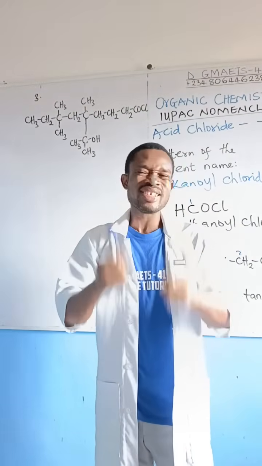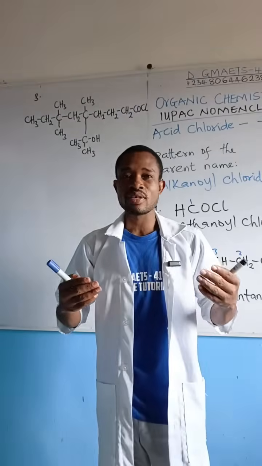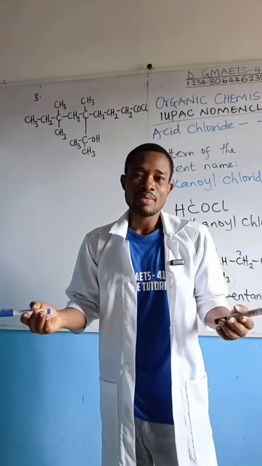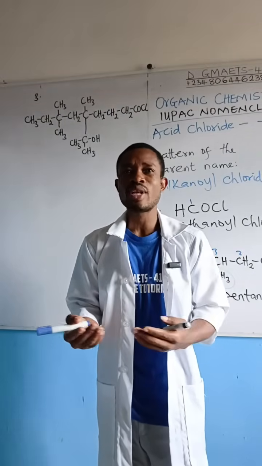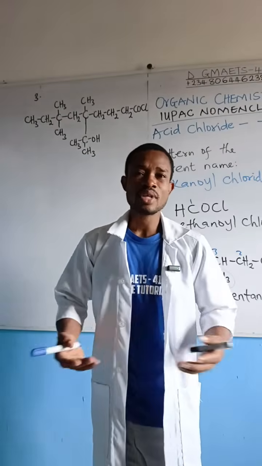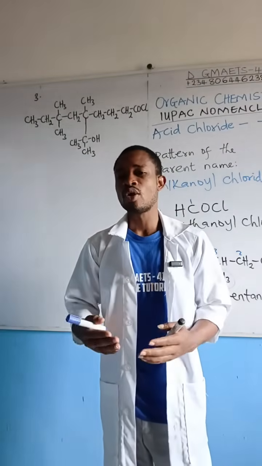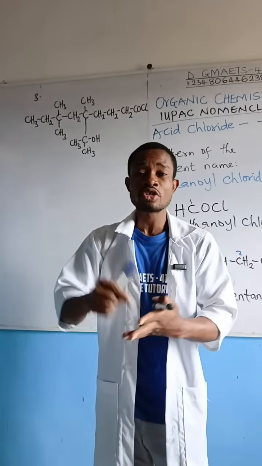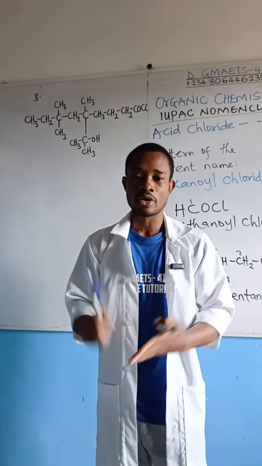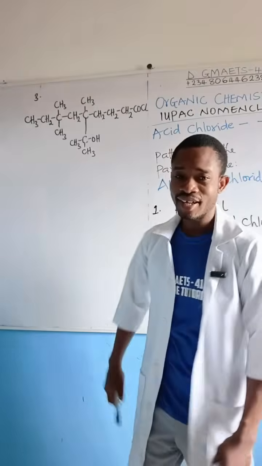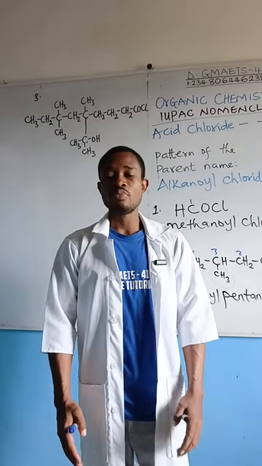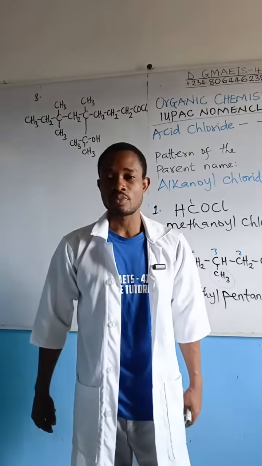Sometimes a student might be worried: how will I know the one that supersedes? The best thing to do is get to know the functional groups that are terminal functional groups. COCl, the acid chloride functional group, is terminal.